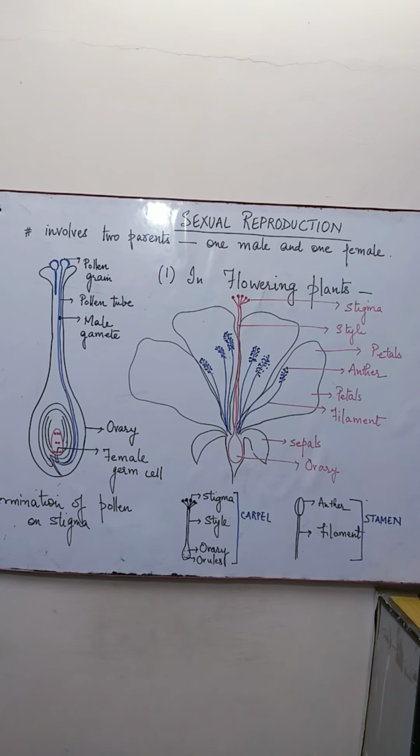There are special cells called sex cells that undergo the process of meiosis, that is the reduction division, to form haploid gametes. And when these haploid gametes combine, they form the zygote. If we try to understand this in terms of numbers, 46 is the chromosome number of the male and 46 is the chromosome number of the female.